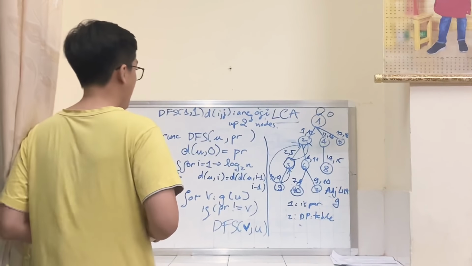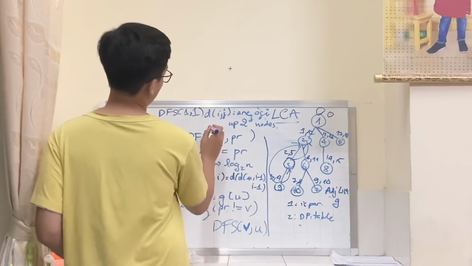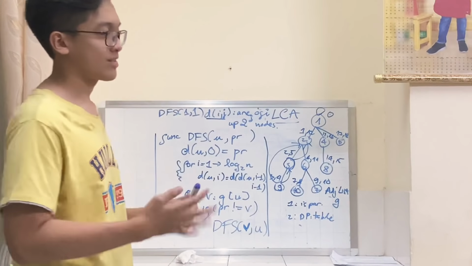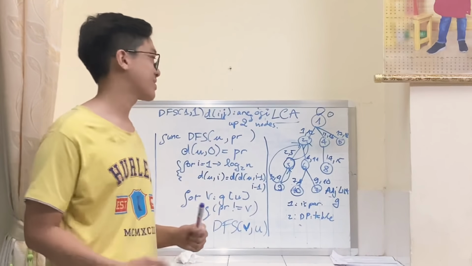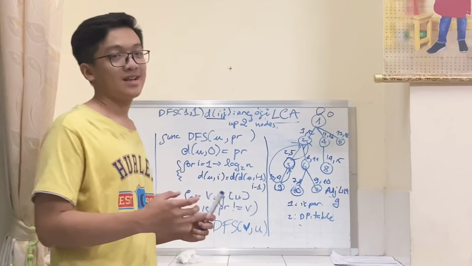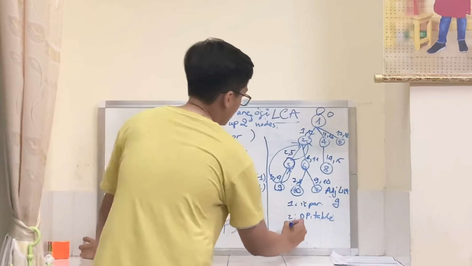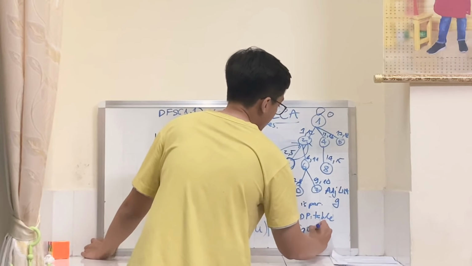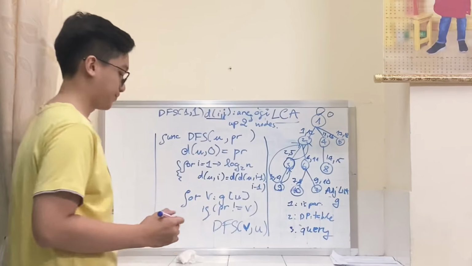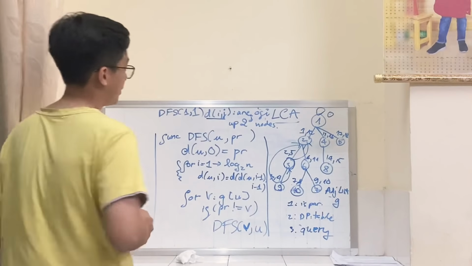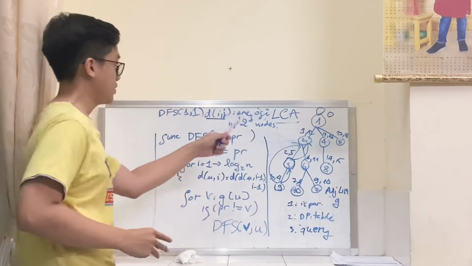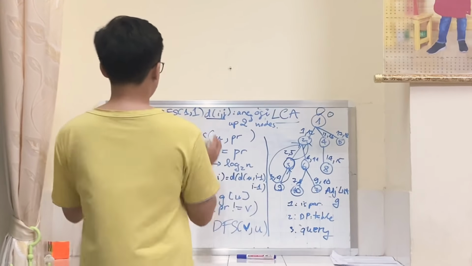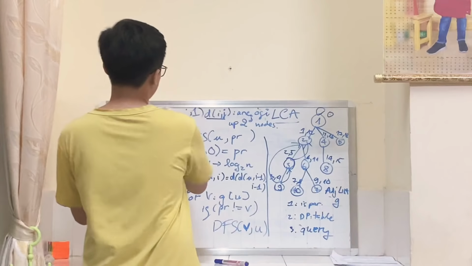Next, after you have this table, we'll move to step 3, which is the most interesting step, and it's the query step, which is the last step. So 1, 2, 3, only 3 functions to calculate the LCA.